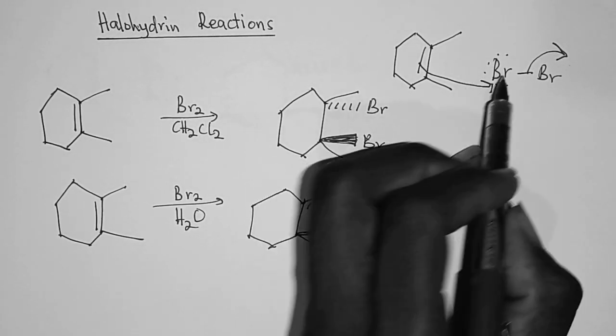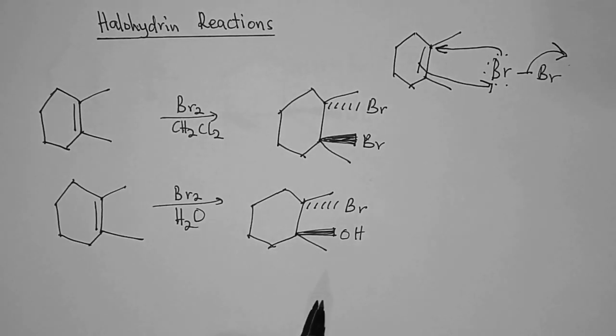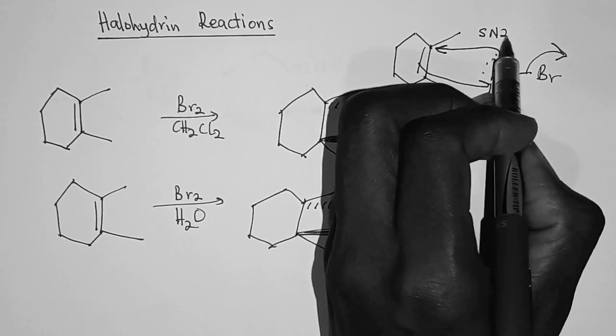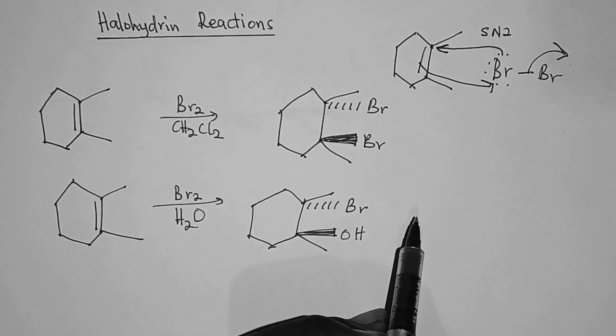And because bromine has 3 lone pairs of electrons, it uses one of its lone pairs to attack the adjacent carbon atom, in some form of SN2 reaction. So there is a cyclic bromonium intermediate that is formed.